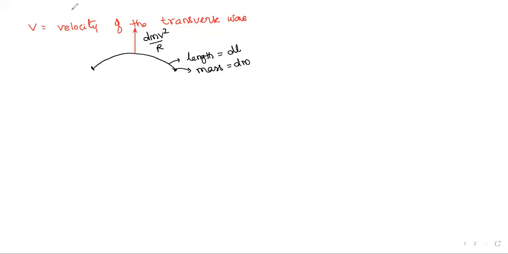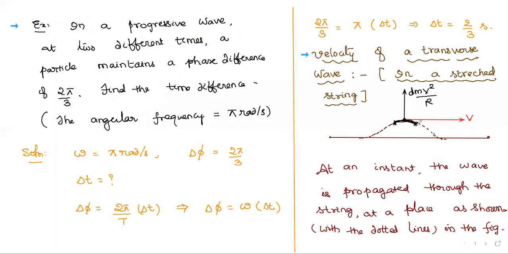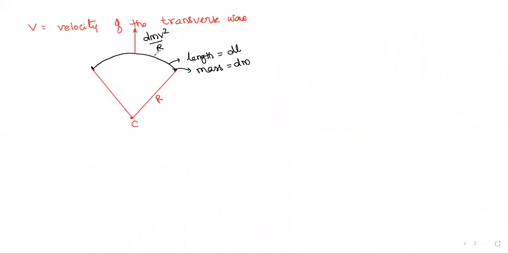R means radius, Nana. Radius I have to take like this, towards the center. So look, this is the center, and it is the radius of that circular part I showed. A little bit big one I drew here, to understand.